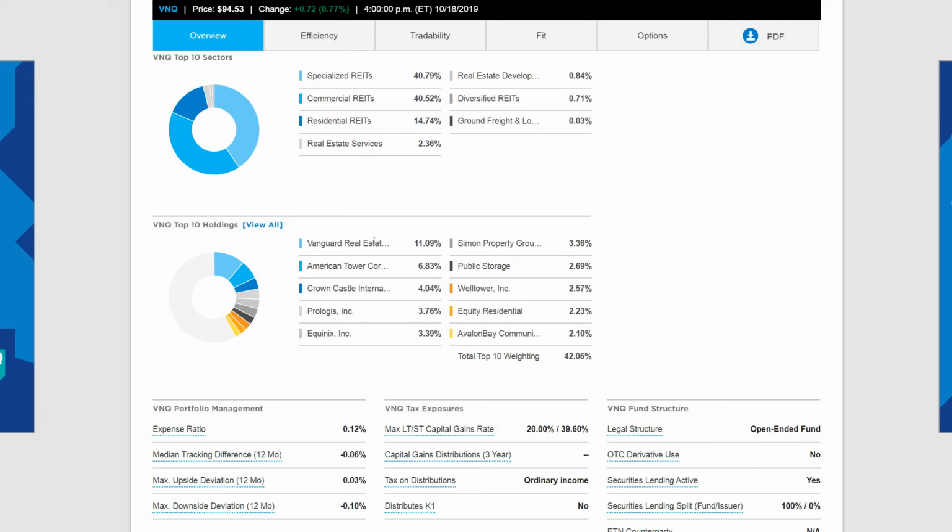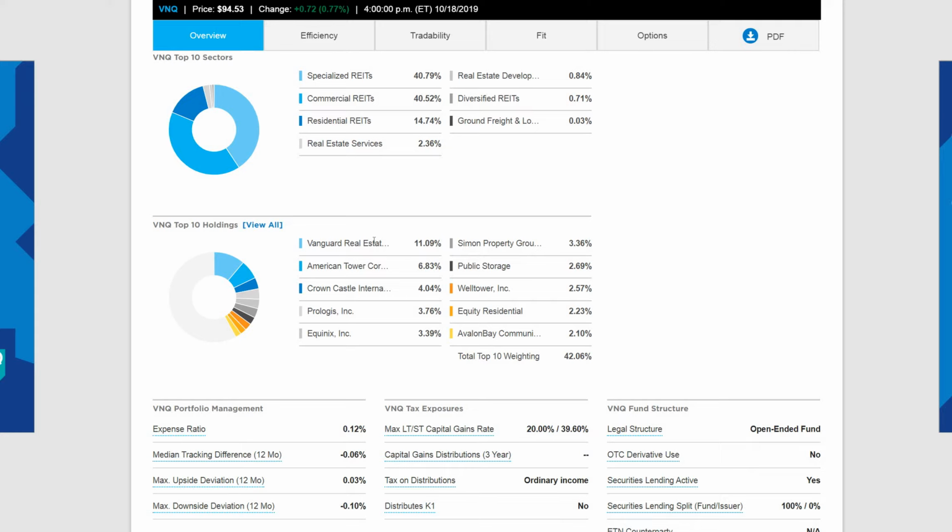Now, it's important to understand, once again, there's just around 200 REITs, so there's going to be some overlap. I've shared comments on Reddit in the past on my favorite REIT ETFs and my portfolio, and some of the feedback has been, well, yeah, there's overlap. And there's always going to be overlap, in a lot of cases, when you're investing into ETFs.